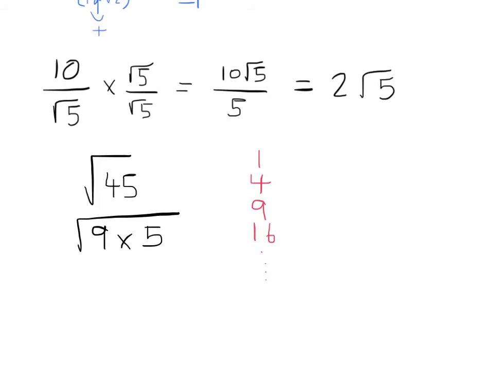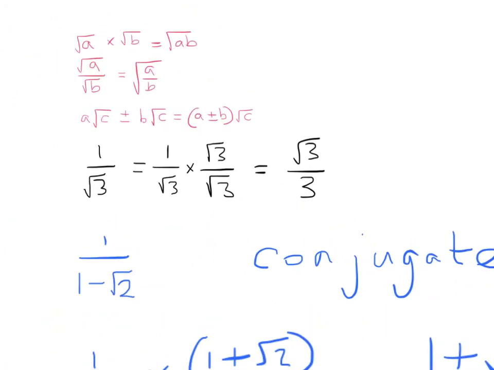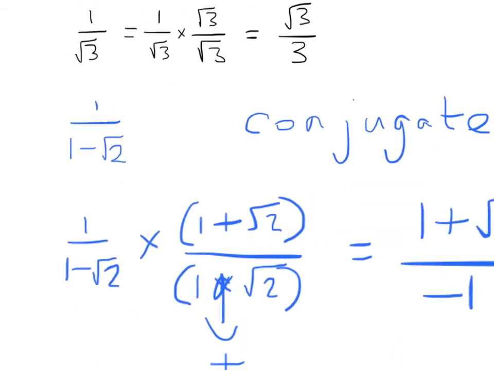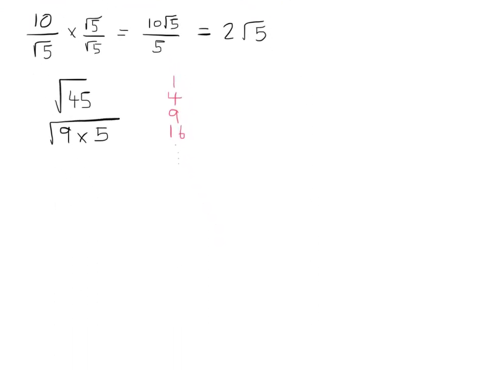And using our rule previously, which said that if any number square root of times by another number the square root of, we can join them together, a, b. Using that rule, we can say that root 9 times 5 is the same as root 45.